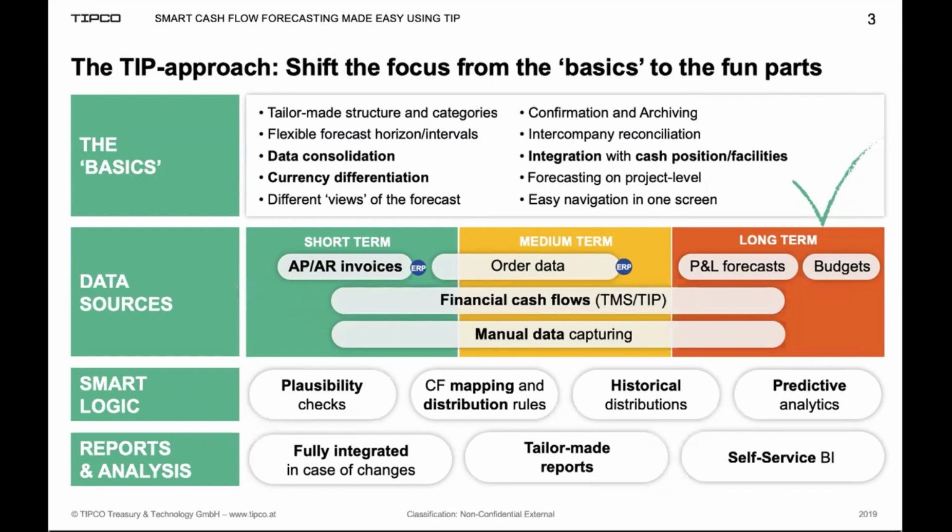So all of that is just there out of the box. So we can focus on the other elements, which are definitely the fun parts, as I would call it, namely how to make best use of available data sources.